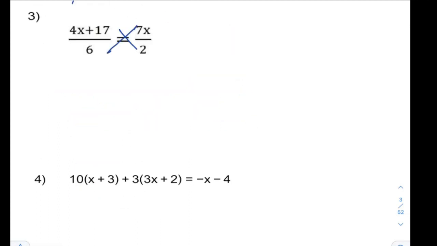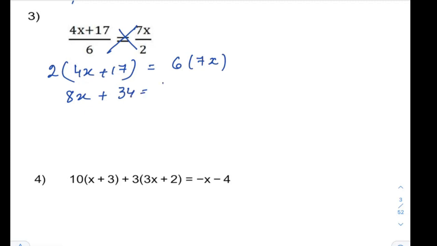Here again, this includes the variable on both sides as well, as you see here. 6 times 7x is 42x. 8x minus 42x is equal to negative 34, taking this to the other side.